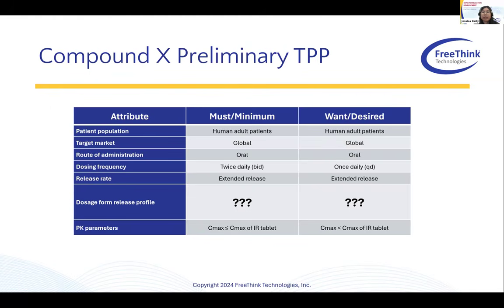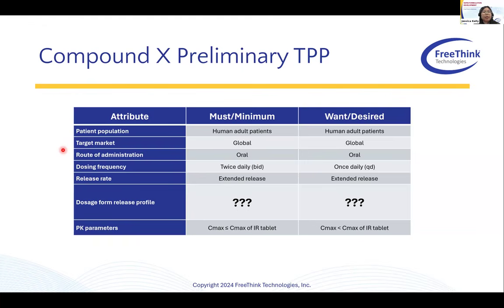So let's take a look at the preliminary TPP that we built for compound X. Let me grab my laser pointer. We can see an attribute for patient population. We would like to dose into human adult patients. The target market is global.